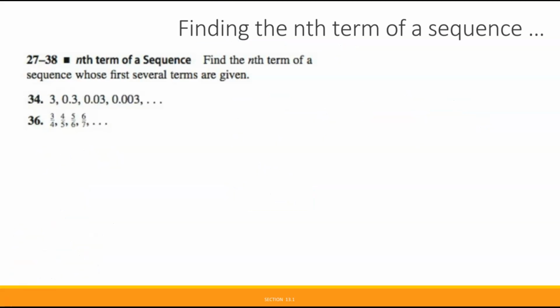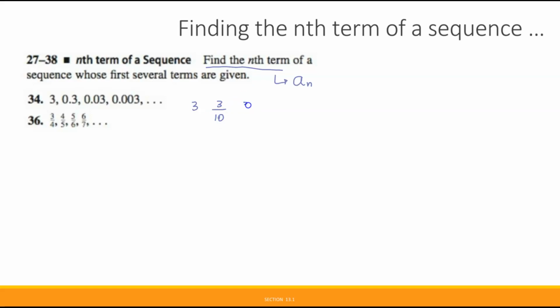Let's look at our next examples. Problem 34. Again, find the nth term. When we're looking at finding the nth term, what we're doing is finding that formula that's going to generate this pattern of numbers. Here we have 3, then we have 0.3. 0.3 would be 3 over 10, that would be 3/10.